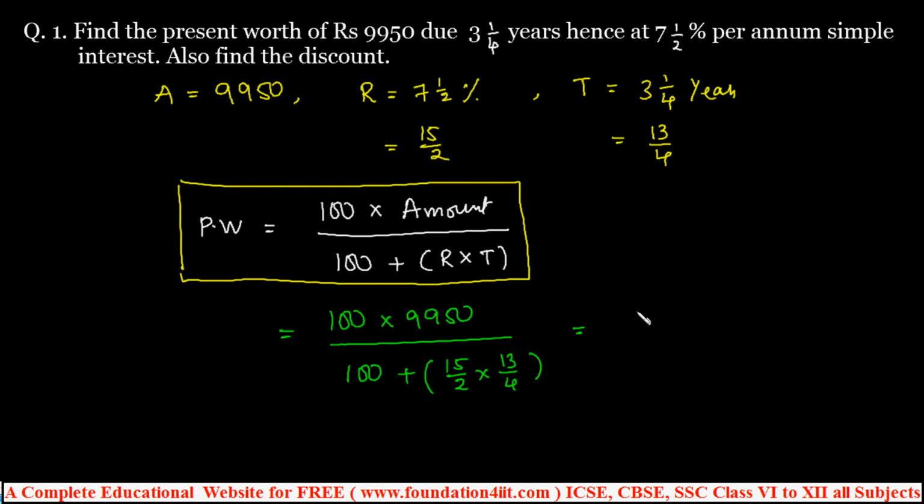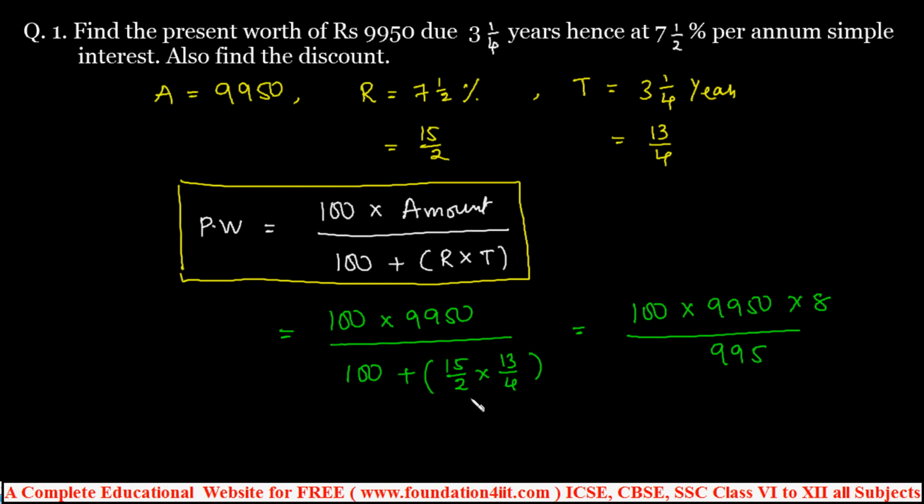Simplify clearly. So 100 into 9,950 divided by, do the LCM here. 15/2 into 13/4 is 15 into 13 by 8, and this 100. So by 8, 100 plus. So finally 995/8, that means 8/995.